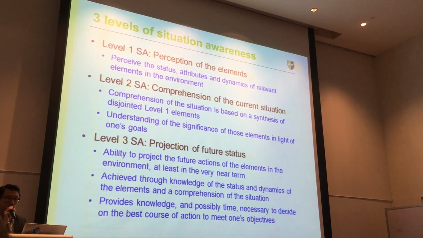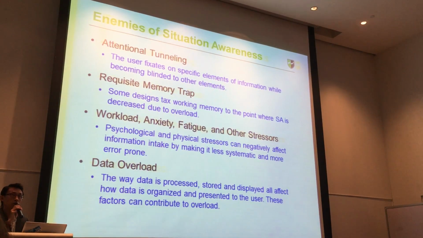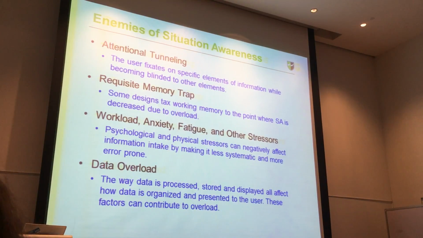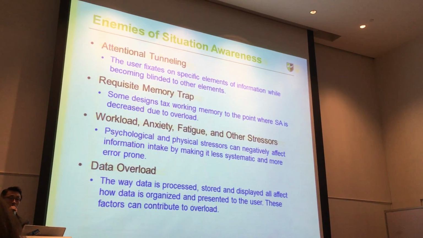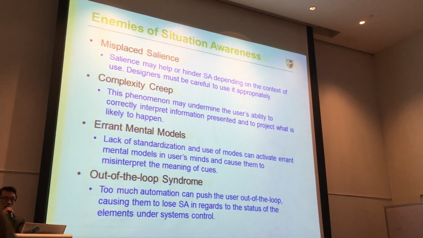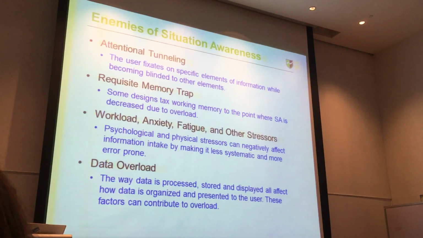These 3 levels. When you try to reach all the 3 levels of situation awareness, there will always be enemies, things that will stop you from getting there. The next 2 pages are all these enemies.